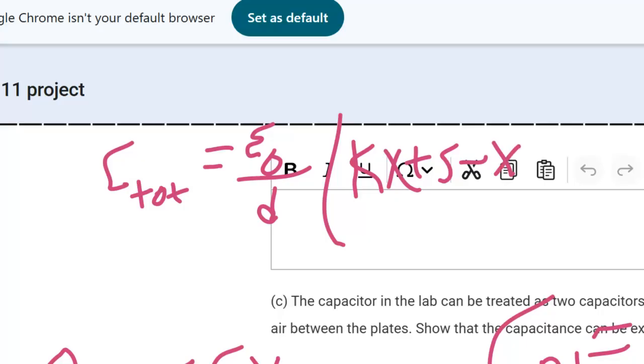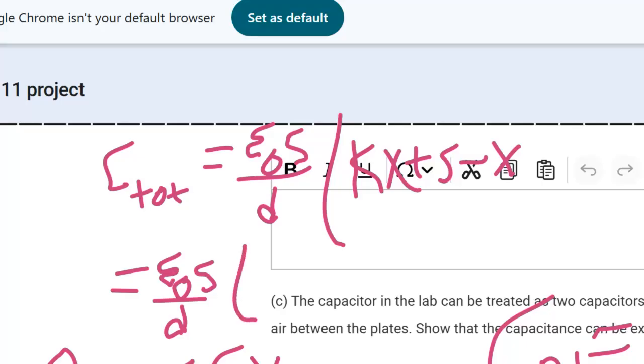Oh, this is epsilon naught S, sorry. Epsilon naught S over D times S plus, and then factor out this x, (K minus 1). And that's our answer.